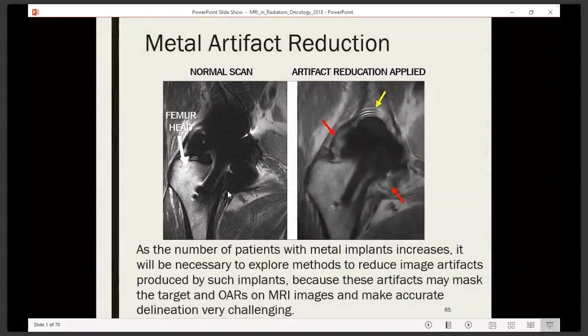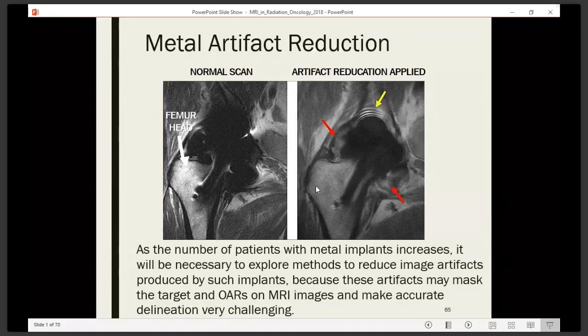I just want to show you an example. So this is a femur. It's the head of the femur. It has a prosthetic in it that secures it to the pelvis. And here's the type of susceptibility artifacts you get normally.